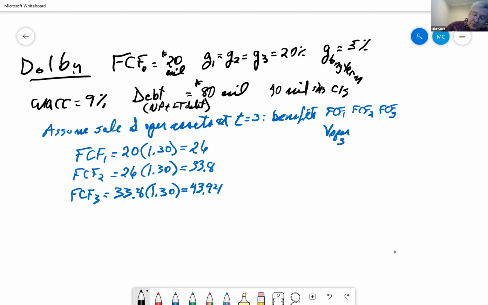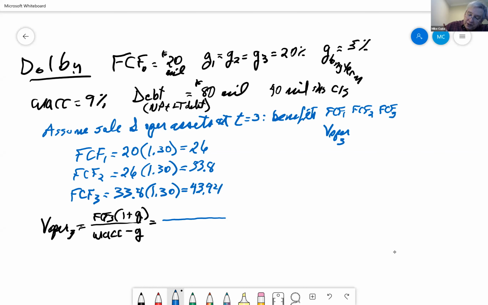To find the value of the operating assets in year 3, we can take the free cash flow for year 3 times 1 plus that constant growth rate, divide by the cost of capital minus that constant growth rate. And we get 43.94 times 1 plus, let's see, what is it, 5%.